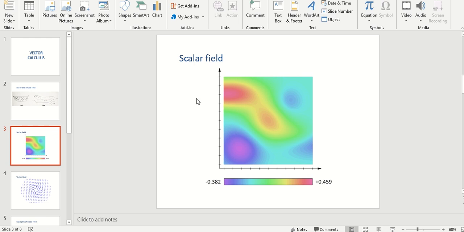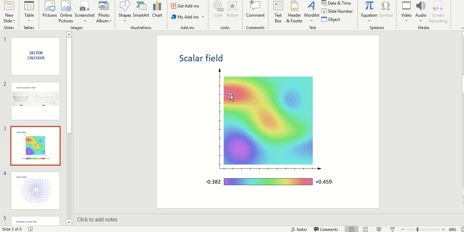So if this point is the 9-9 point, then it has some temperature which is in between this section, that is minus 0.382, and 0 point, suppose this is minus 0.29 something. So the temperature of this 9-9 point of the room lies in this region.